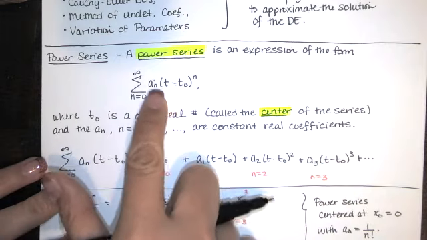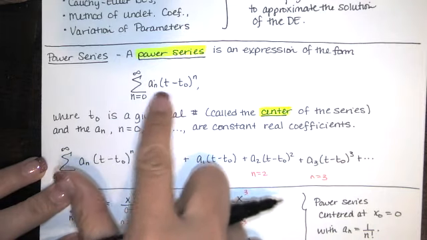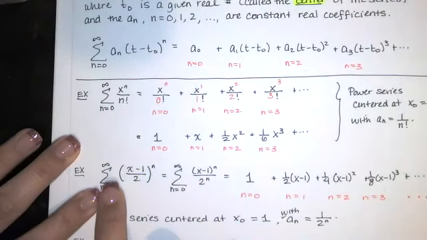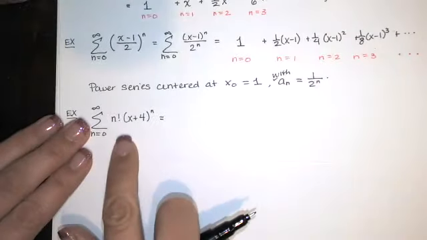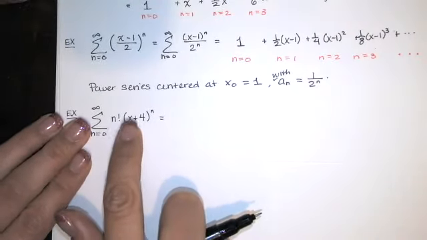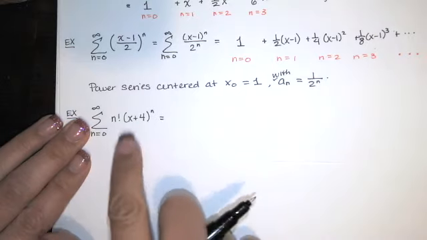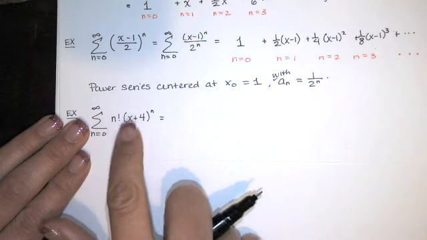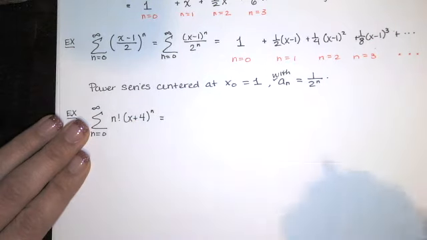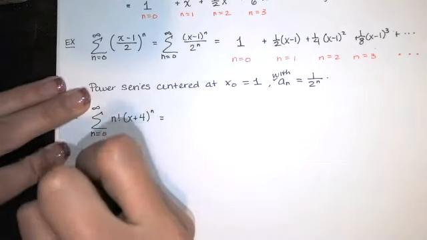So the center of this series is t naught, because when t equals t naught, we'd get 0 there. The center of this one is 0. The center of this one is 1, because 1 minus 1 would give me the 0. Here, the center is x equals -4, because -4 plus 4 would give me 0, or you can think of this as x minus a -4. So we're subtracting -4, so that would make x naught equal to -4.